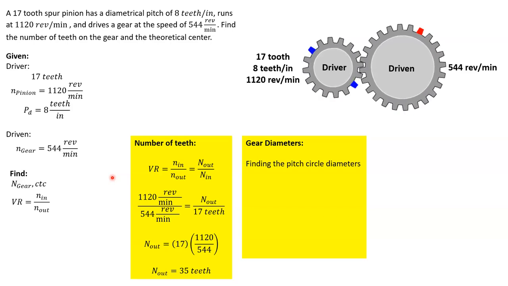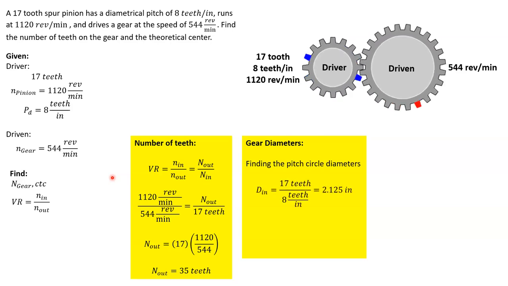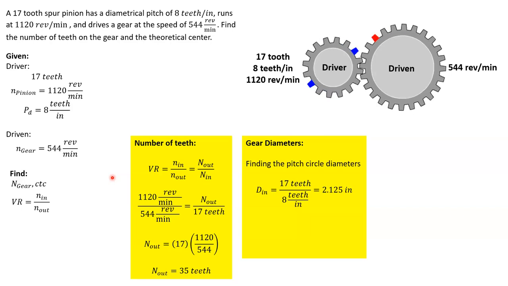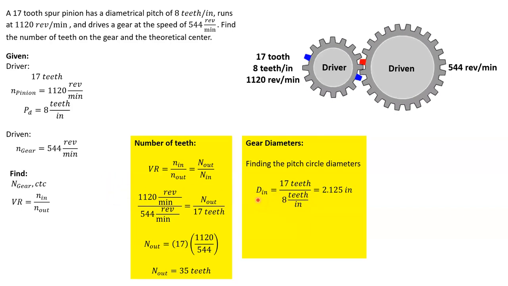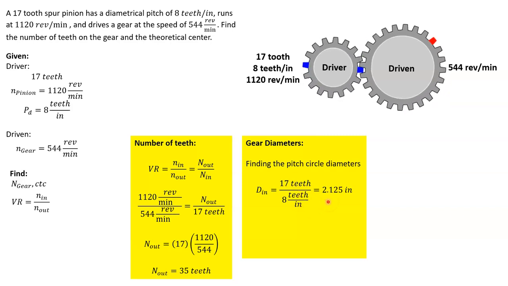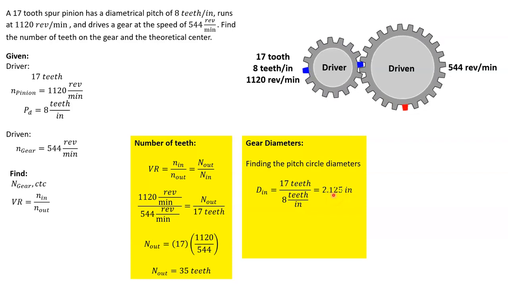The equation for that is fairly straightforward. We divide the number of teeth by the diametral pitch. For the input gear, that's 17 teeth divided by 8 teeth per inch. The teeth cancel, and you end up with 2.125 inches, or 2 1/8 inch.